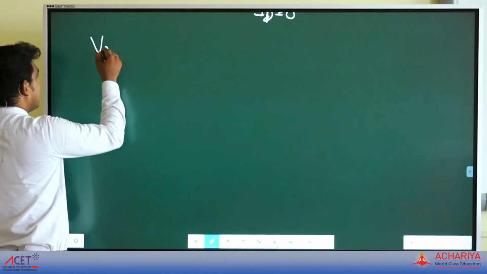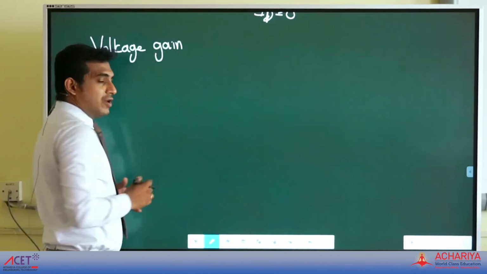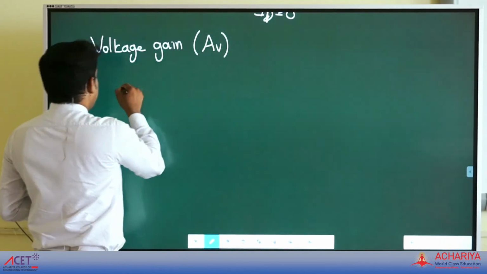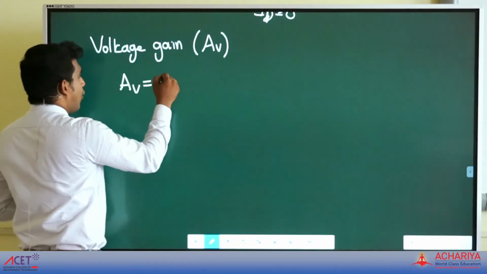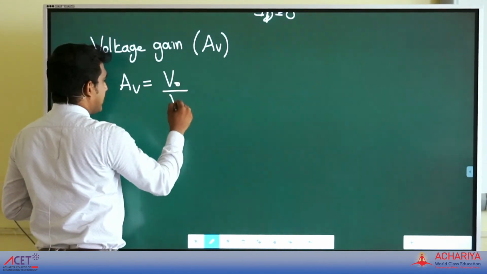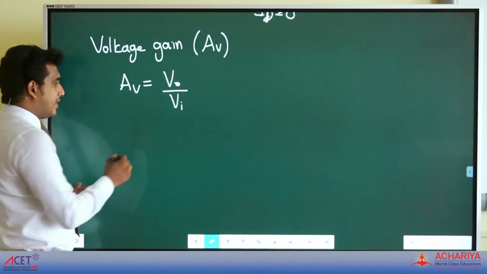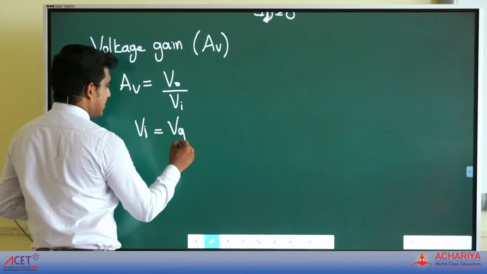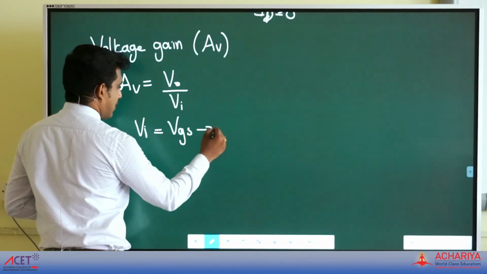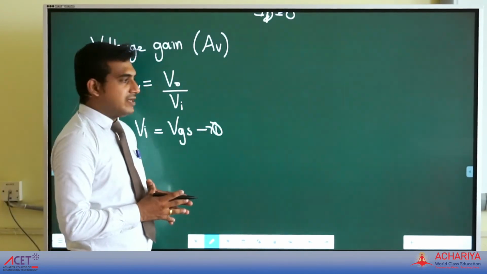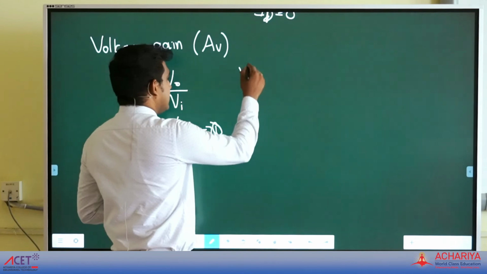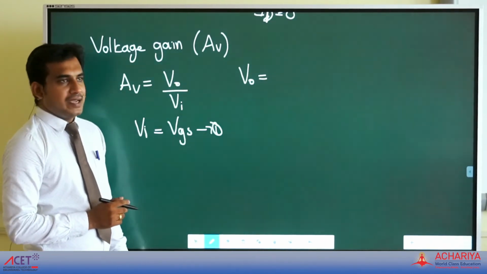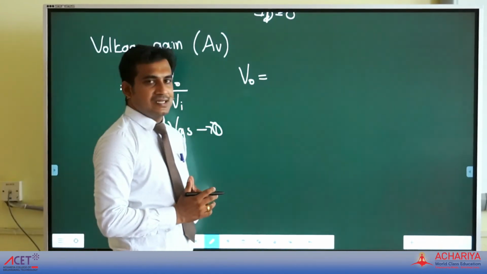Okay, now we are going to find the voltage gain of the common source amplifier. We can put the heading voltage gain. Voltage gain is represented by AV. AV is given as output voltage divided by input voltage Vi. Here the input voltage is denoted as Vi is equal to gate to source voltage VGS, equation number 1. V0 we can write using Ohm's law. V0 is equal to the total current present in the output loop into the total resistance present in the output loop.